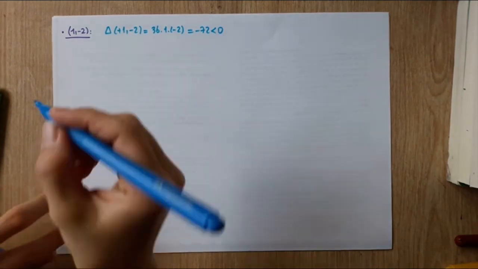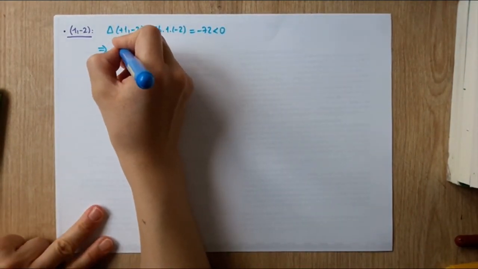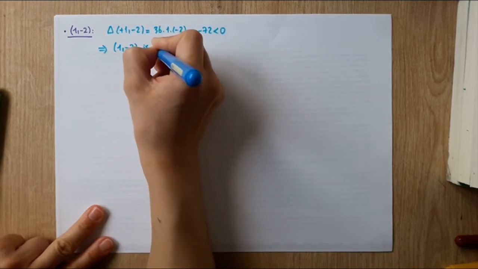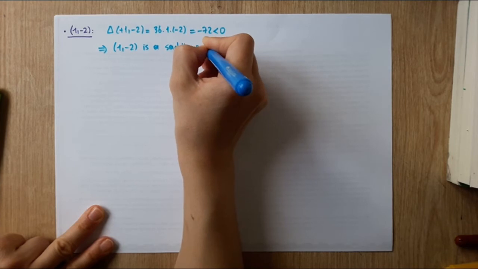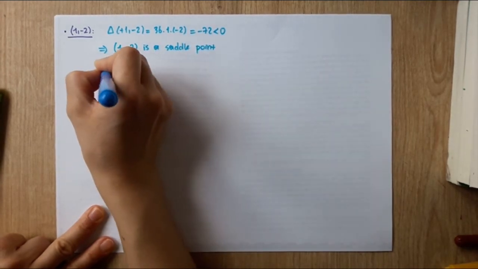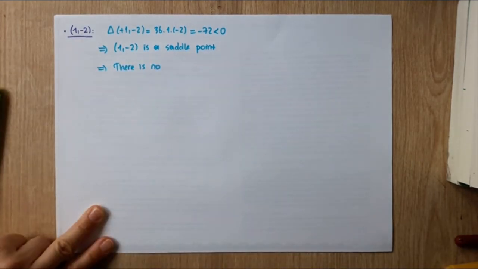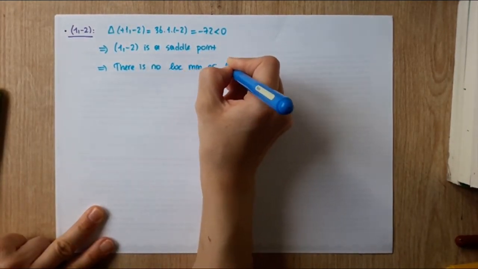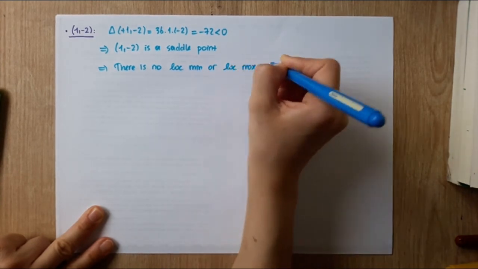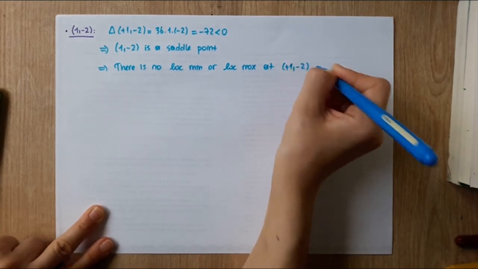So again, there is no need to check the sign of a. 1, minus 2 is a saddle point. So there is no local min or local max at the point 1, minus 2.